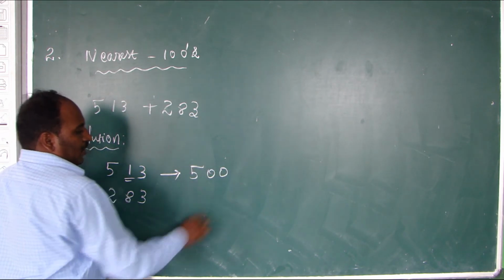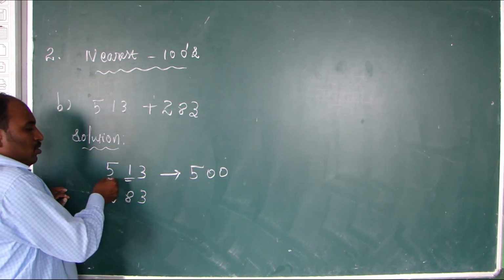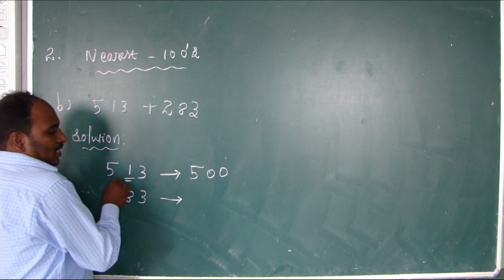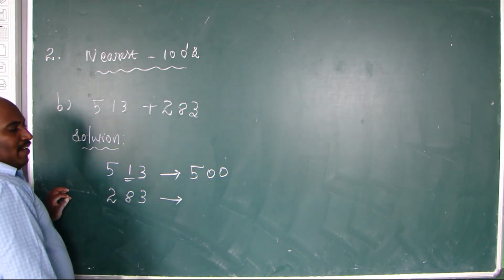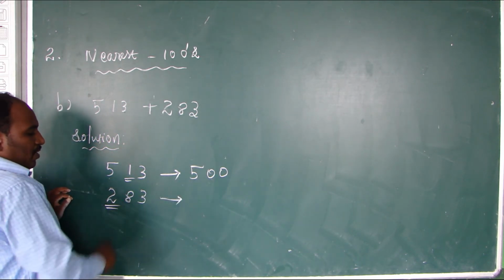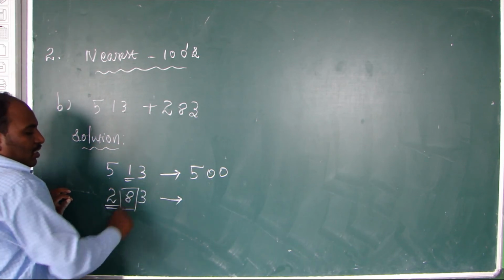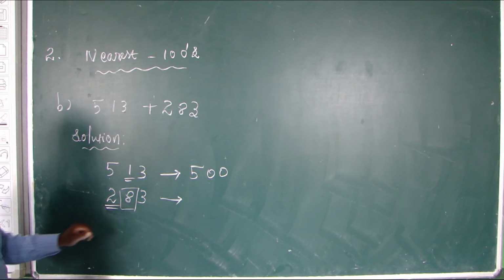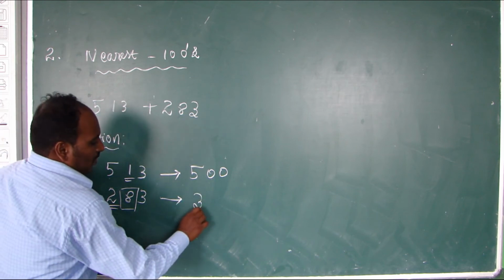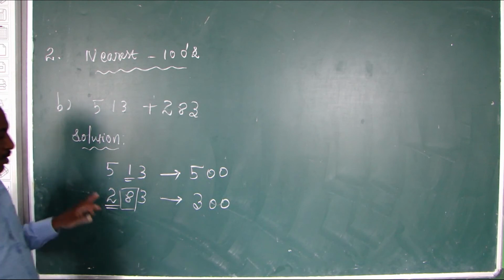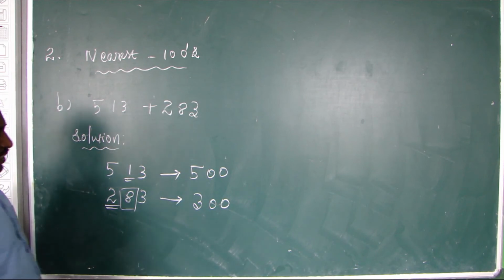Next, 283. Here the tens place is 8, so the rounded value is 300.